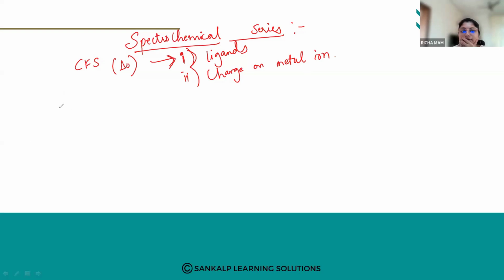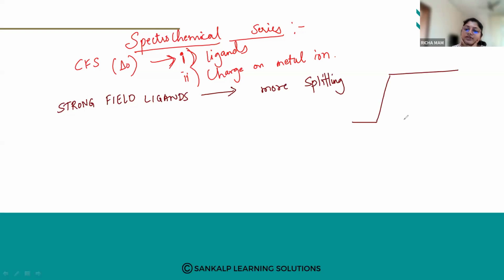Whenever you have strong field ligands, what will happen? It will cause more splitting. We have seen this in crystal field theory: whenever you have a strong field ligand, the distance will be more.